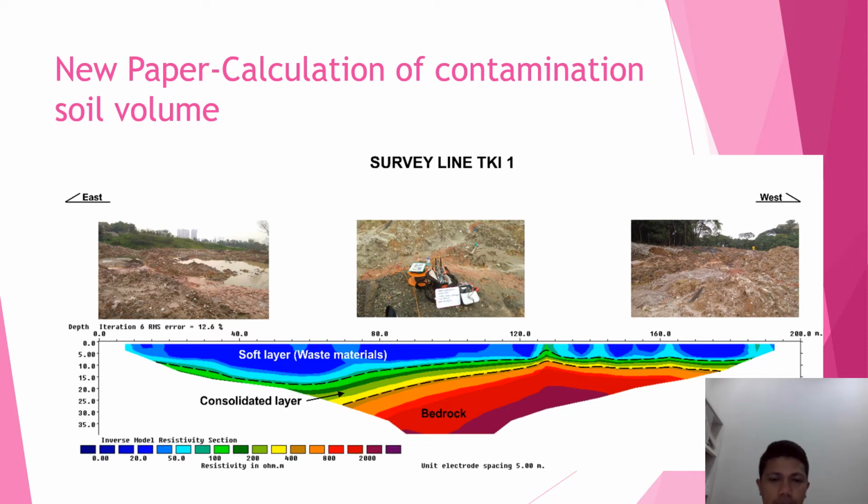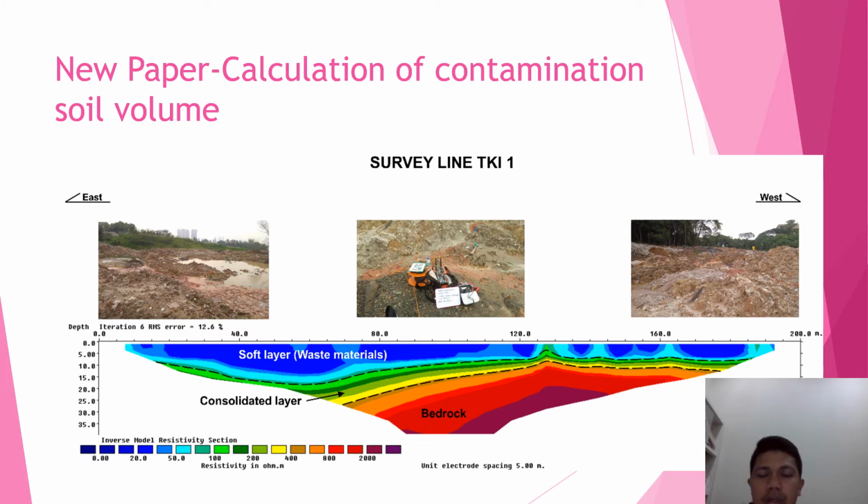So you can see very clearly the low resistivity value representative of the soft layer. Here we interpret like that, in brackets we put as waste material. So at the side you can see all the waste material is dumped here, and then maybe the site has a very high water content, so that's why it contributes to the low resistivity here.